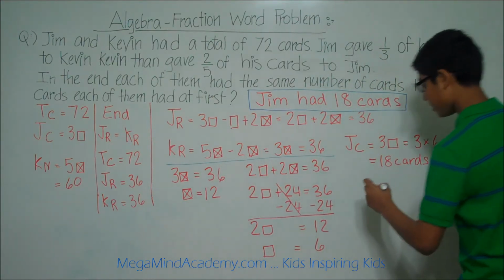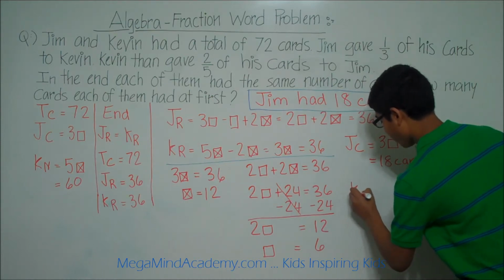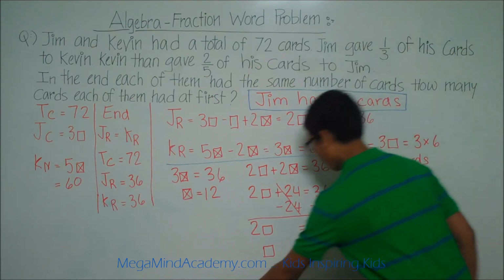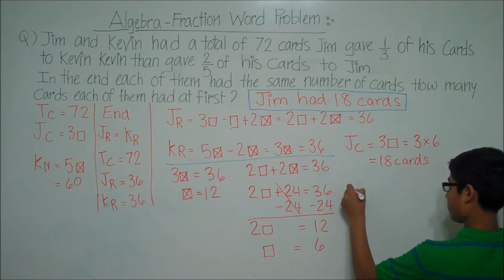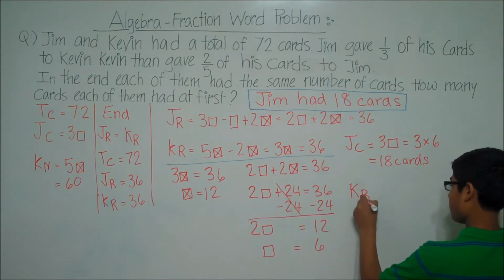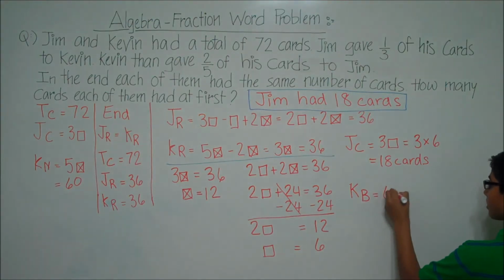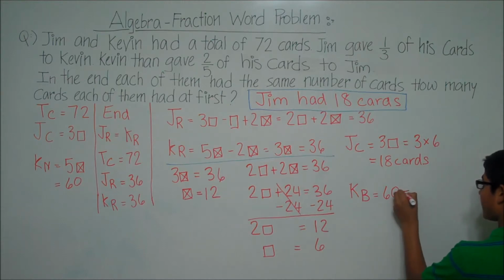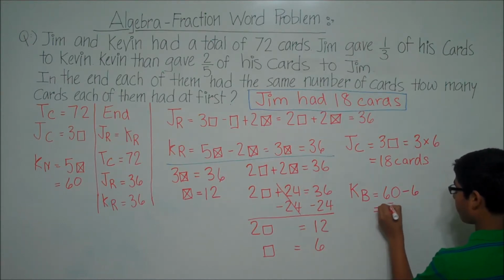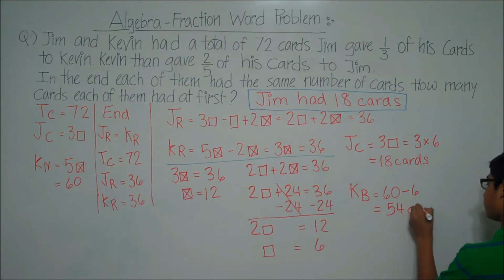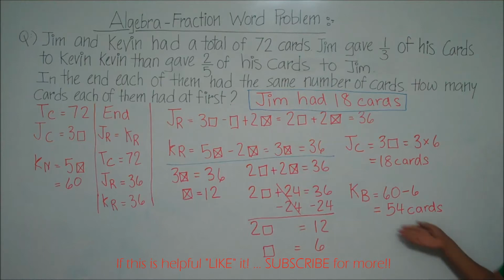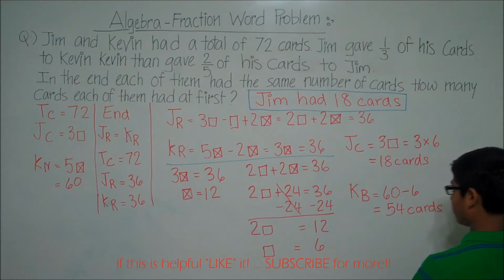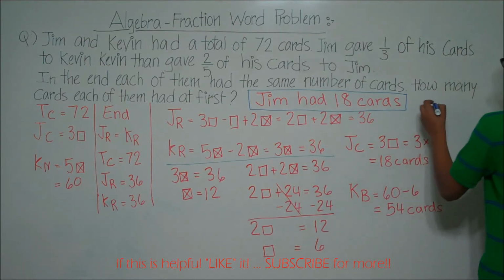So Kevin before, K for Kevin, B for before, is equal to 60 minus 6, which is equal to 54 cards. So Kevin had 54 cards at first.